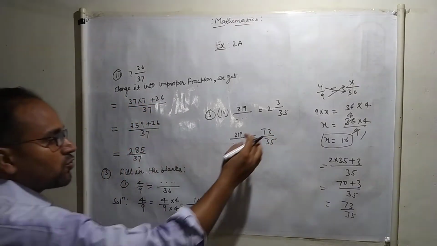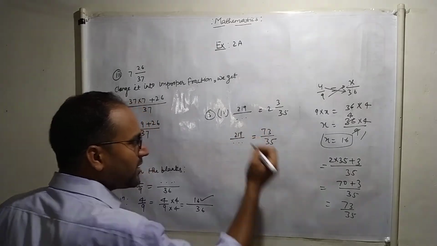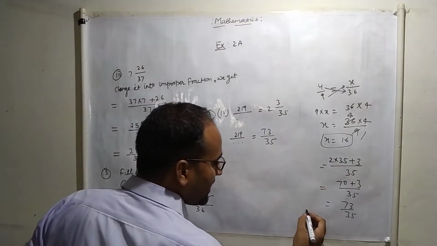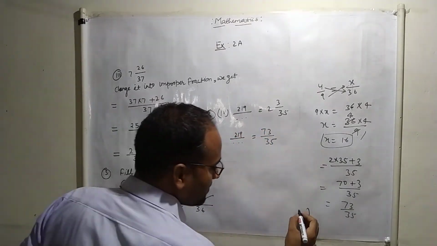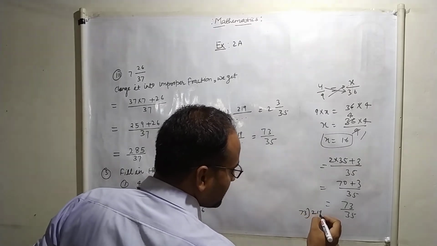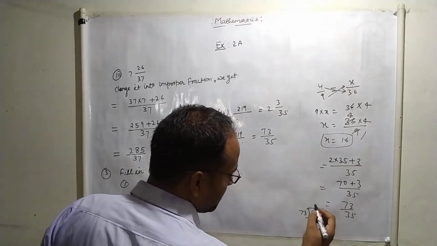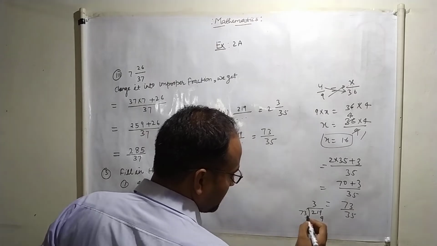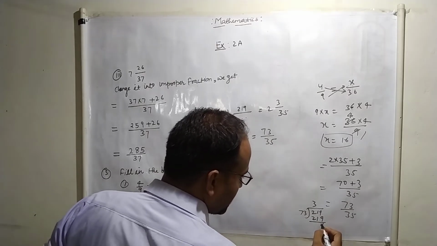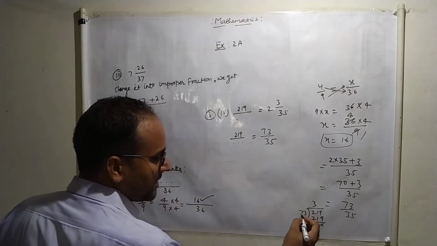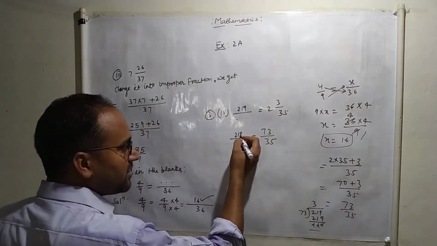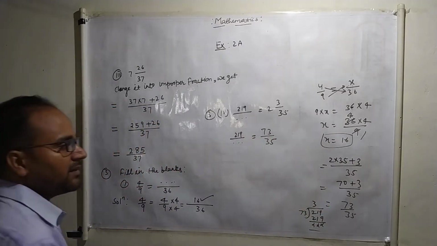So students, by which quantity will you multiply this 73 to get this 219? It is very easy. By this number you can divide this one. 219 divided by 73 goes 3 times. 3 3s are 9, 3 7s are 21. That means if you multiply 73 by 3, you will get 219.